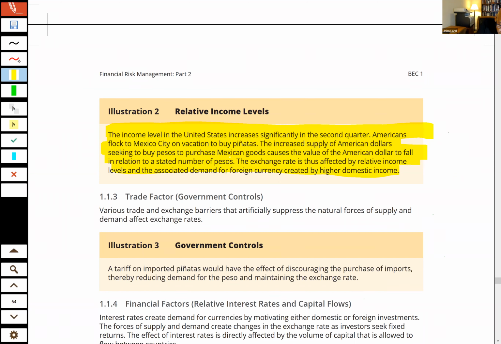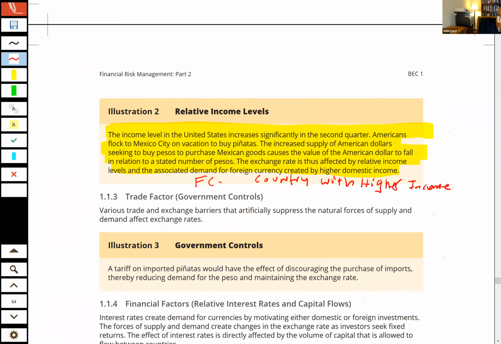But let's go ahead and flashcard. The country with higher income, what's going to happen?